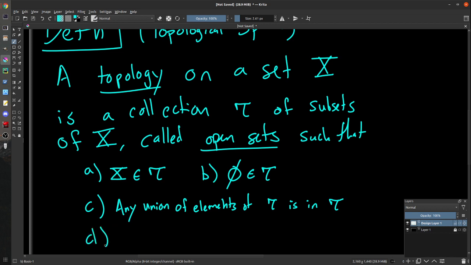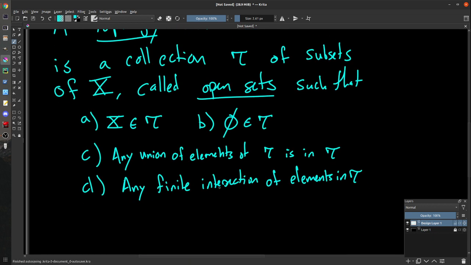And then finally D, any finite intersection of elements in tau is in tau. So I wrote C and D in the long form way of saying it. It really can be written a lot shorter if you want.